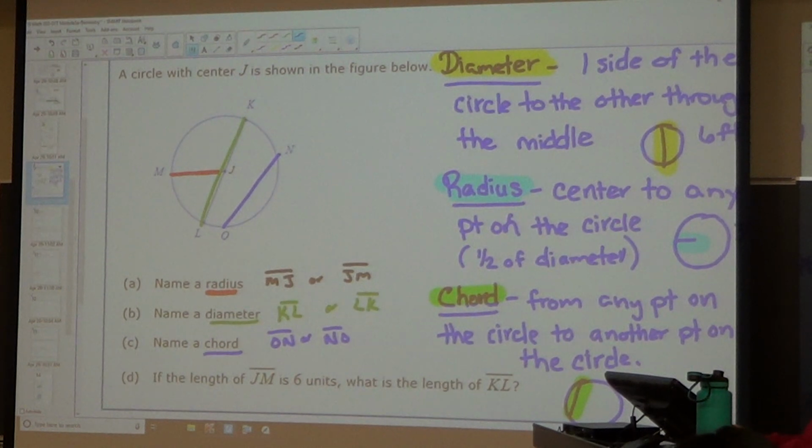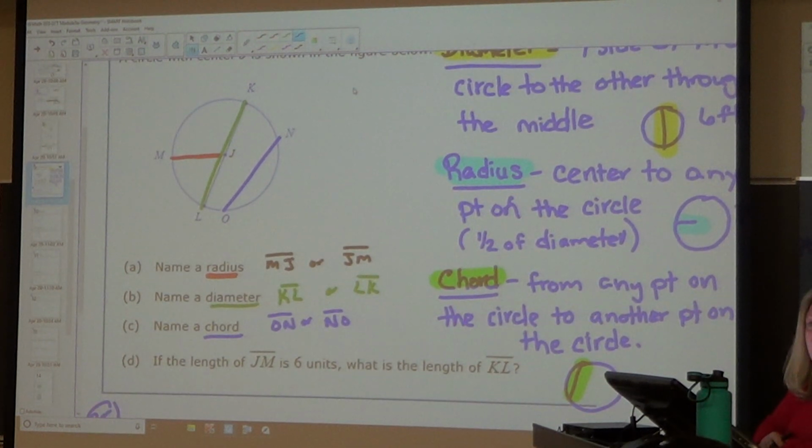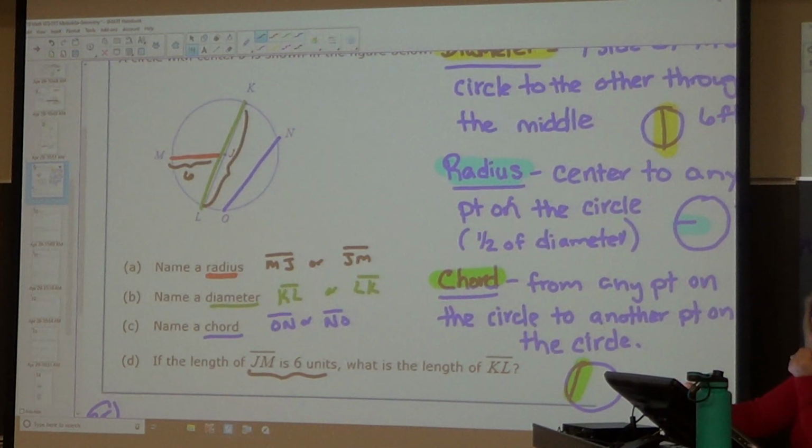Now, the last question is making sure you know how a radius and a diameter relate. So the last question says, if JM is 6, what is KL? So if halfway across the pond is 6 miles, what is all the way across the pond? 12 miles.